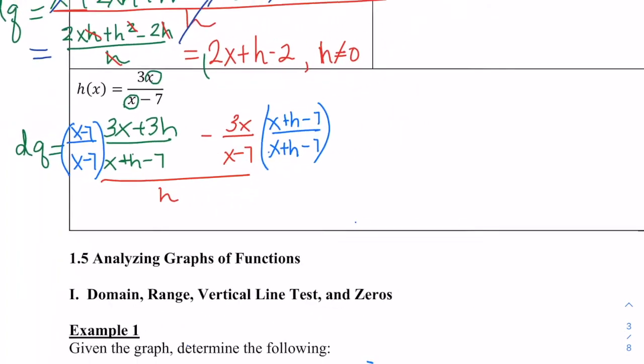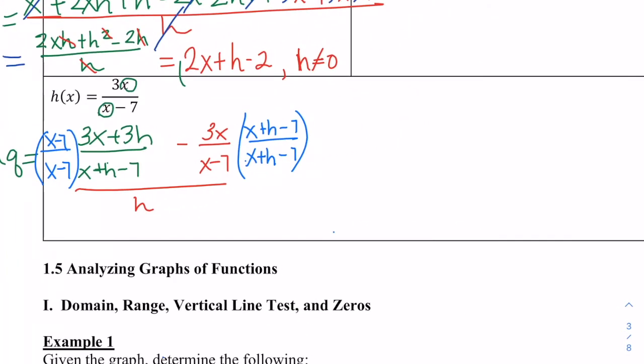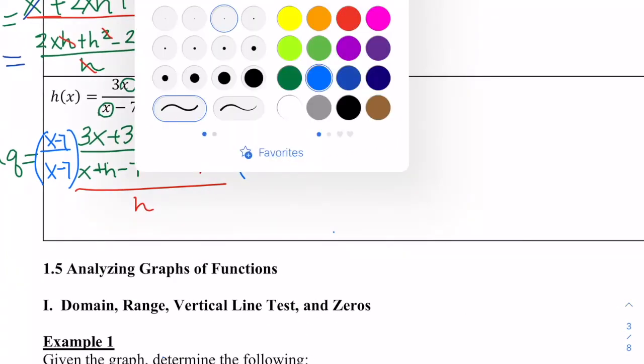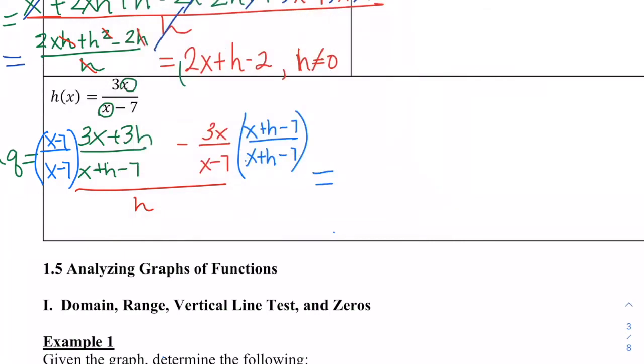Okay, so when I distribute, just don't forget to FOIL for the first fraction. So for the first fraction, we have 3x squared plus 3xh minus 21x minus 21xh.